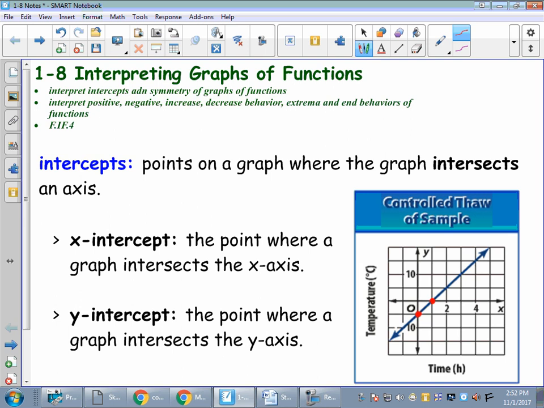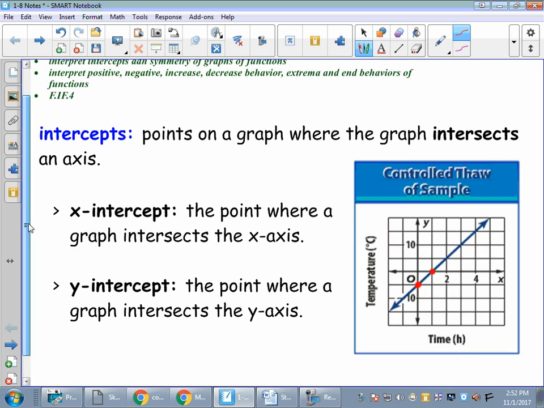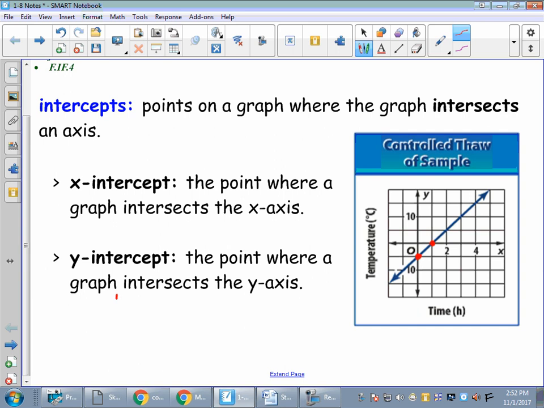So a y-intercept is before the data occurred. It's sort of like before something happens, and your x is your after. After so many hours, we reached 0 degrees. Before we even began measuring the time, the temperature was at -5.